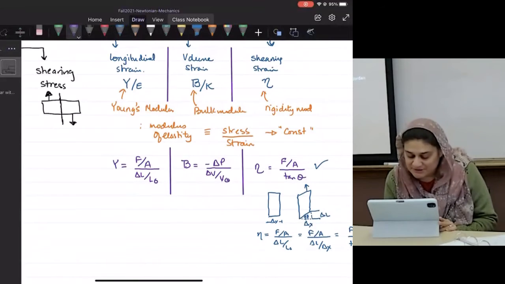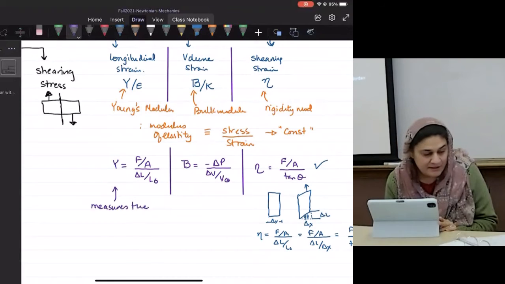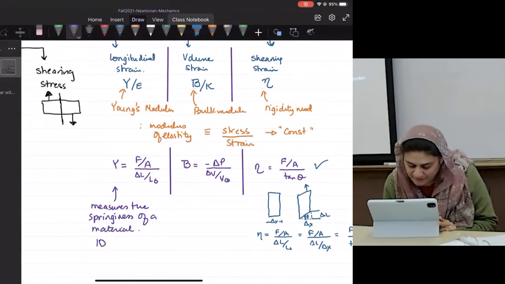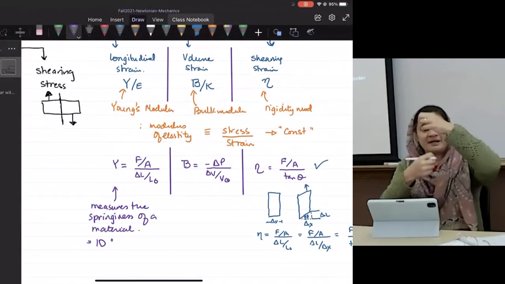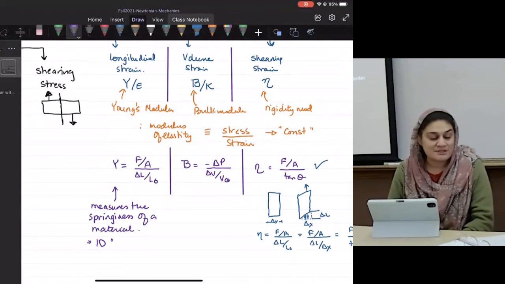Young's modulus measures the springiness of a material in 1D, right? How much will my spring come back to its original state?